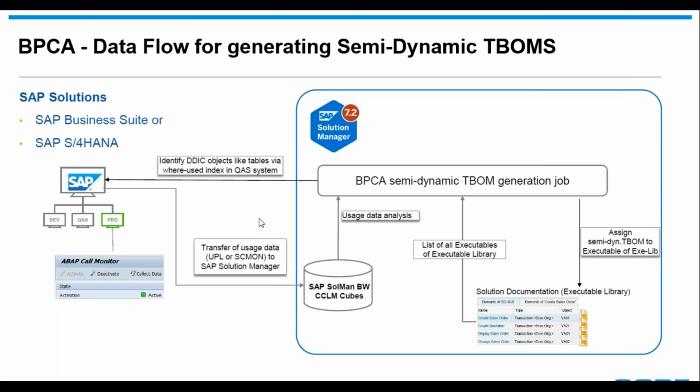And again, T-BOMs are a big part of change impact analysis. The way this works is that within the managed system, the production system, the data is transferred over, and it goes into Solution Manager, BW, CCLM cubes, and then semi-dynamic T-BOMs are generated.